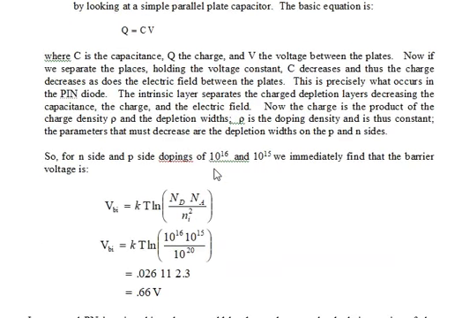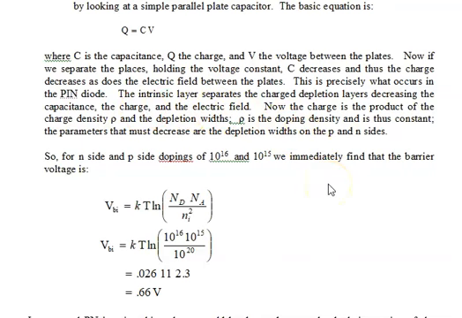If we separate the plates holding the voltage constant, then C decreases, and we're going to find that the capacitance does indeed decrease in the PIN diode versus the PN diode, and the charge is going to decrease as well.